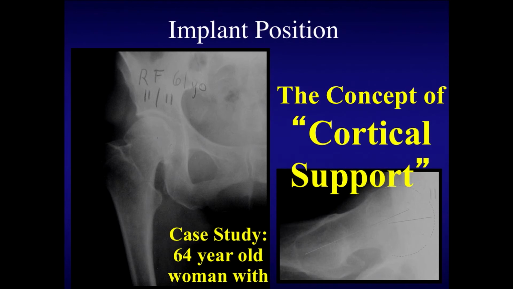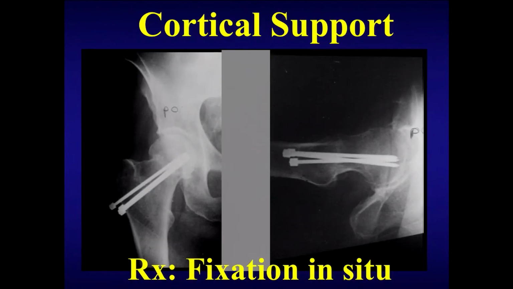It's the idea of cortical support, the endosteal support of the screws within the endosteum and the cortex of the femoral neck. So here's a case study. When I was at St. Francis Hospital as a PGY2, the surgeons there back in '90, '91, were using Knowles pins.